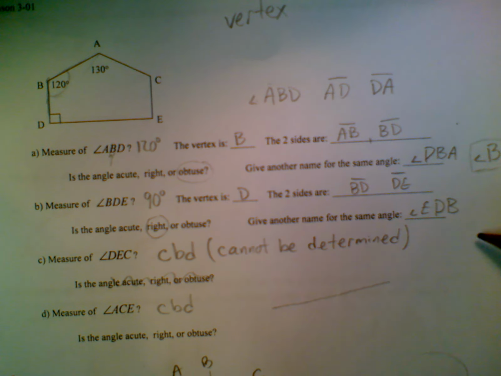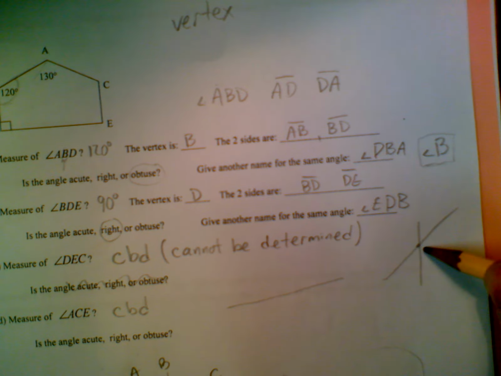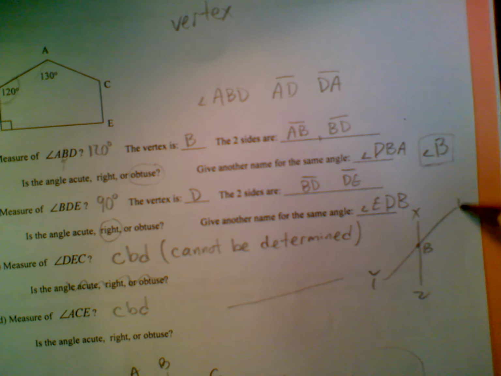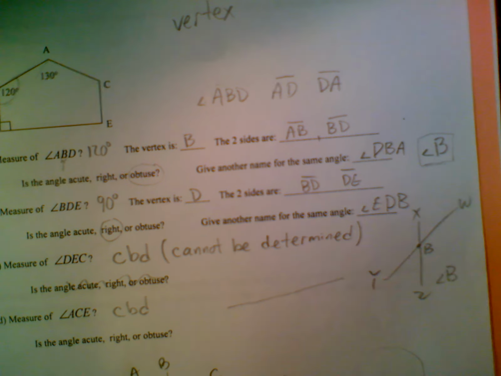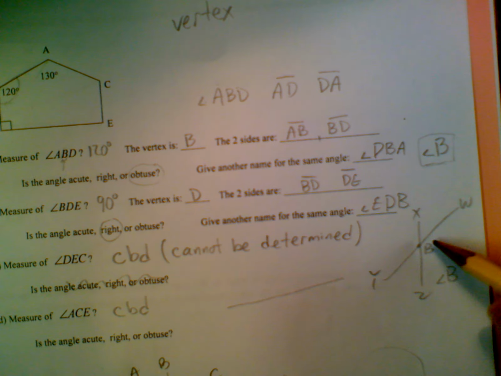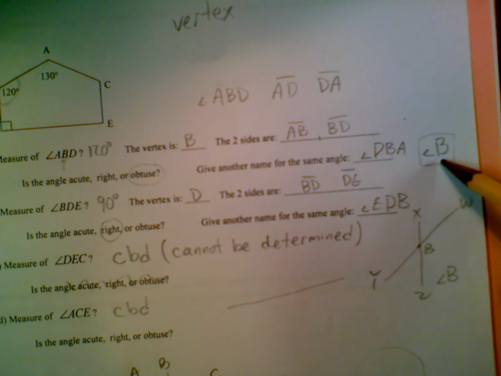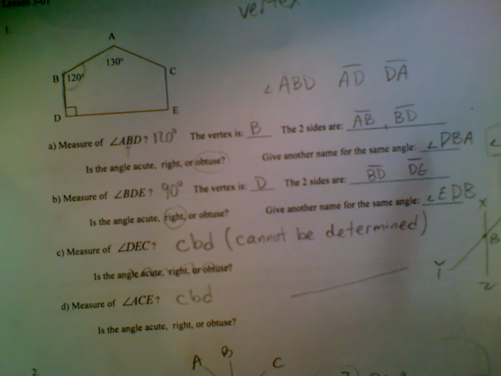But if I have a different diagram, and I've got a point B there, and I have an X and a Y and a Z and a W there, now if I say, what is angle B's measure? Well, that's confusing. There are lots of different angles whose vertex is point B. So sometimes you can get away with a single letter name when it's absolutely clear in the picture what you are referring to.